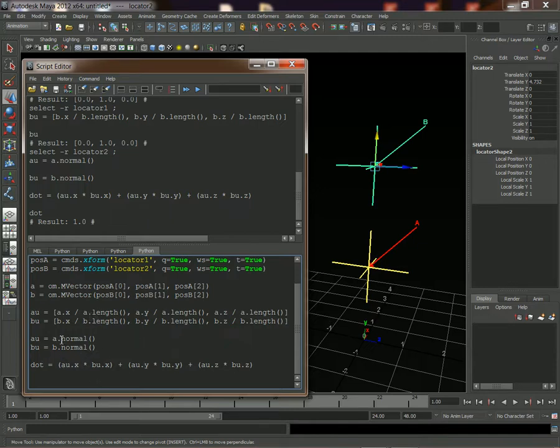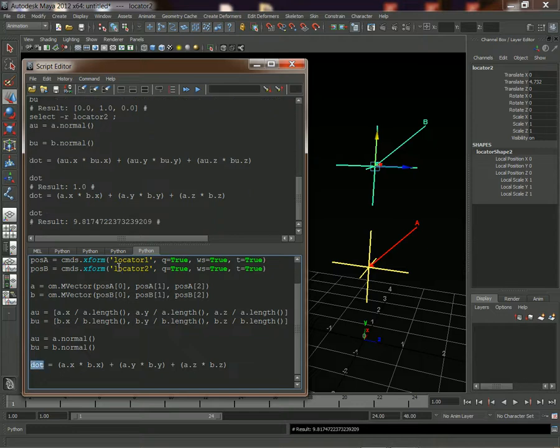If you were to not normalize, let's say I just took A and B, you still get a value of sorts, but that value is a little bit less useful. The dot product would be 9.817. So there's a good reason for using a normalized vector.